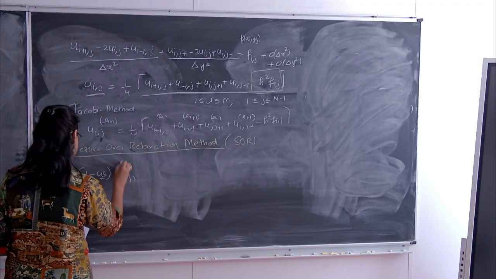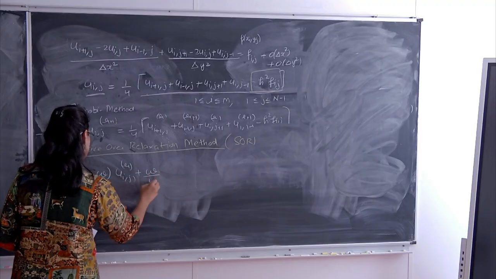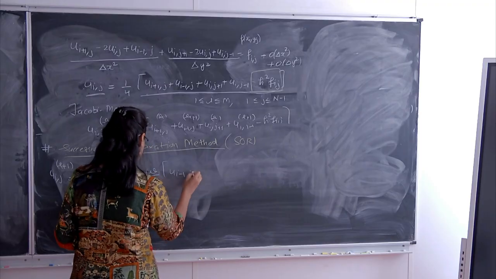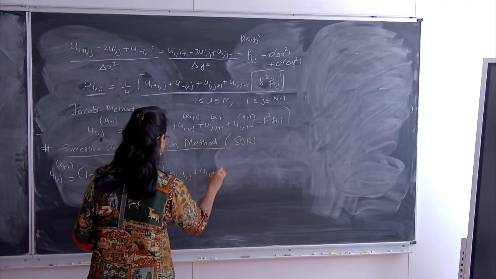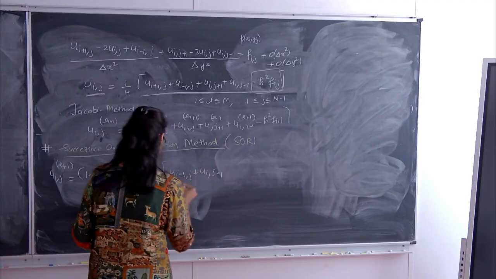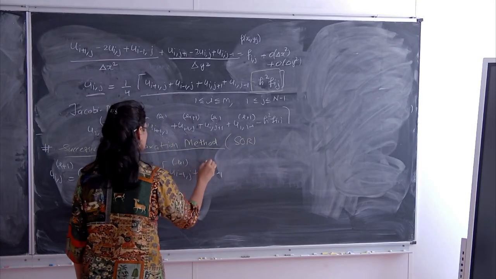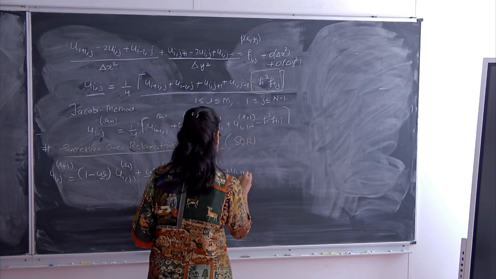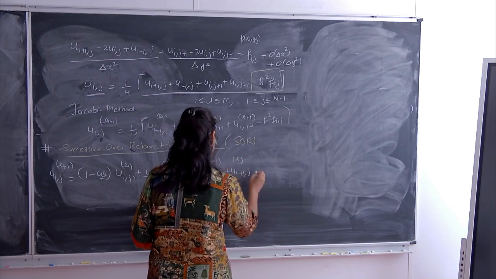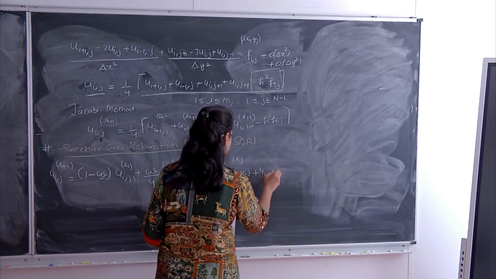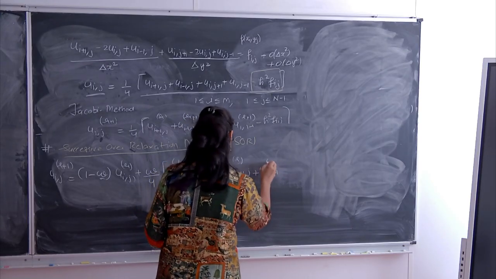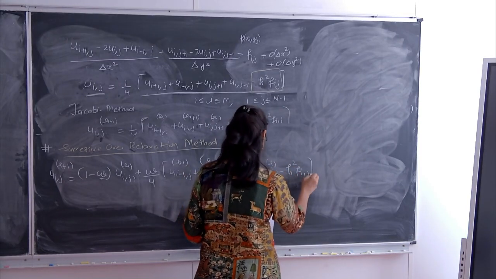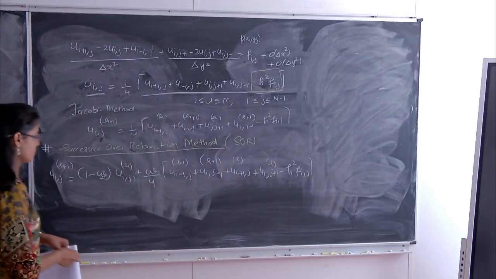And this is omega by 4 times u i minus 1 j at r plus 1, plus u i j minus 1 at r plus 1, plus u i plus 1 j at r, plus u i j plus 1 at r, minus h square f i j. Okay, so I am writing this form here.